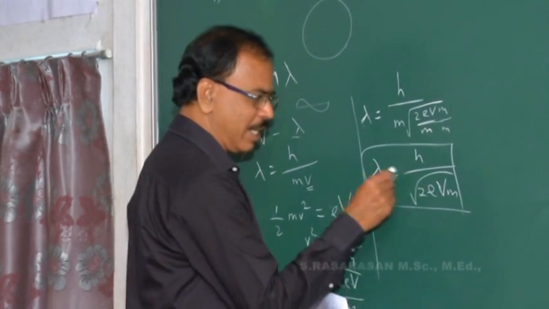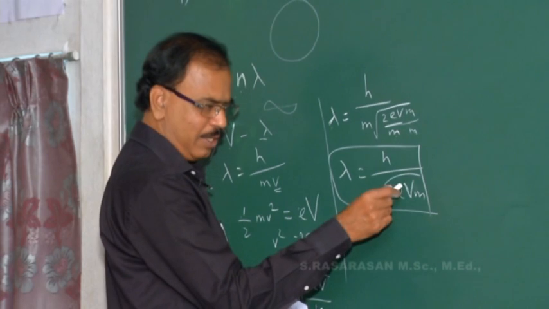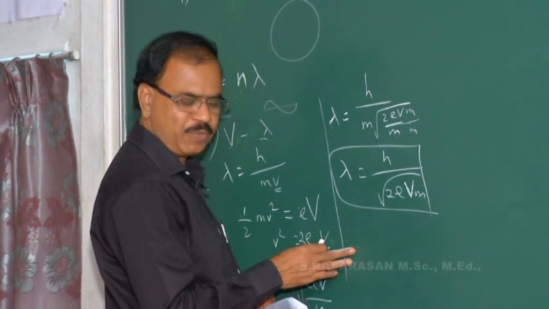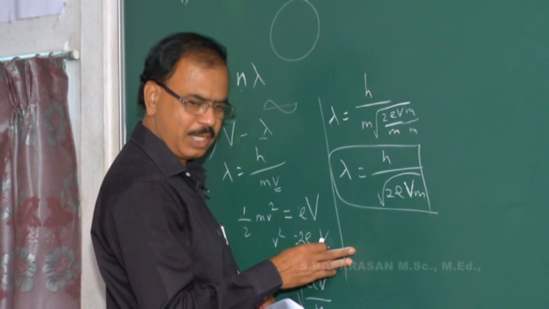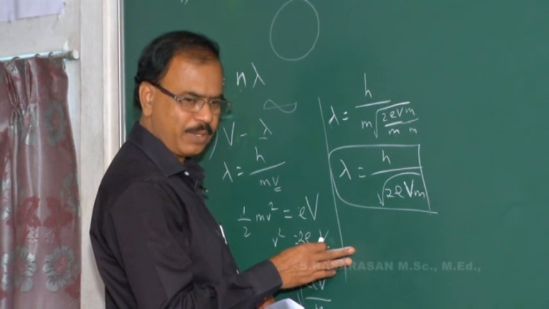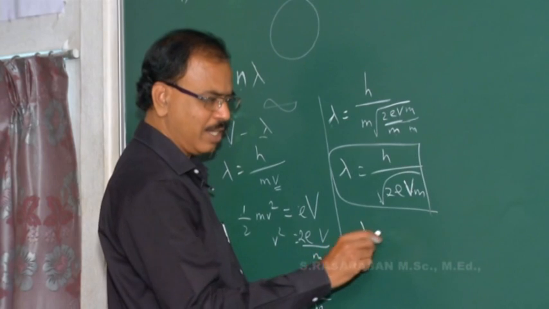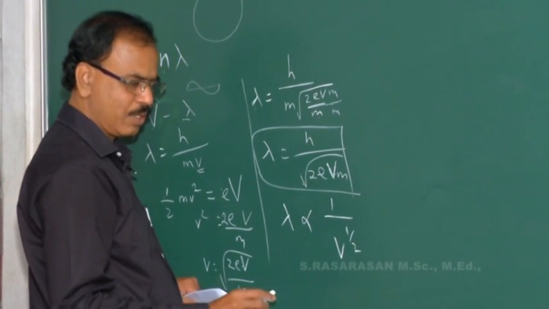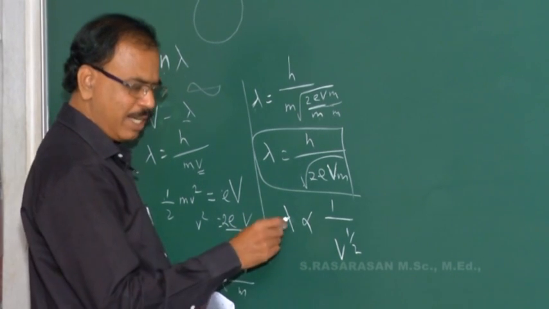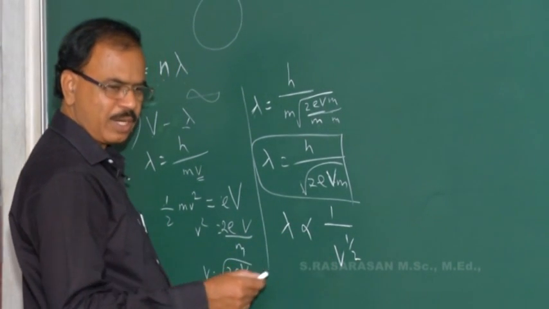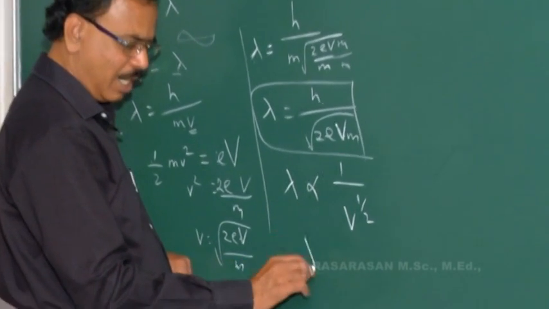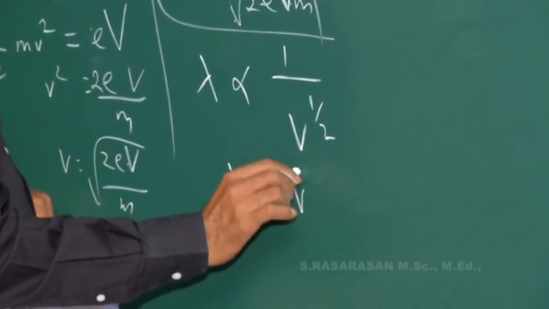Here they are asking for the relation. Since V is there, it means root V. Root V can be written as V to the power half. So lambda is directly proportional to 1 by V power half, or lambda is inversely proportional to V power half, or square root of potential difference, or lambda is directly proportional to V power minus half.